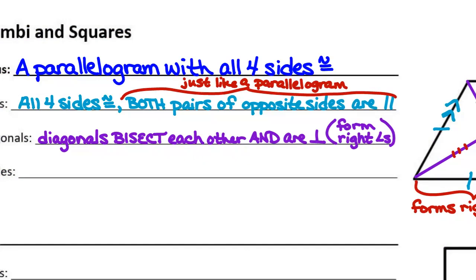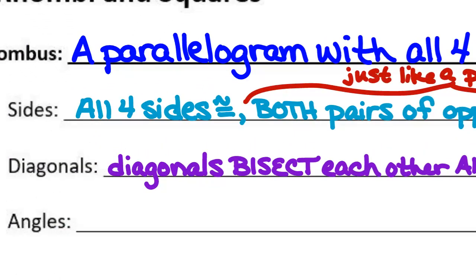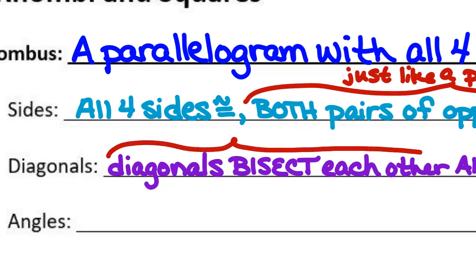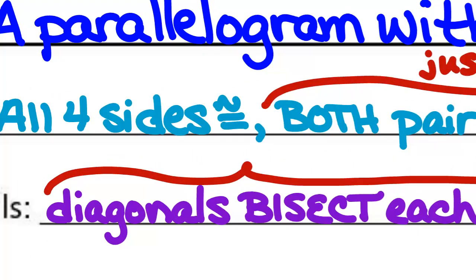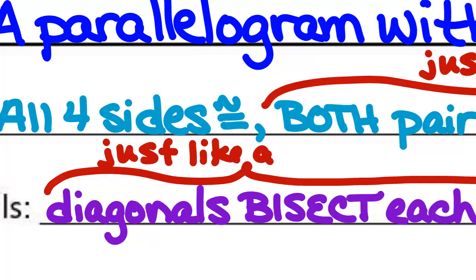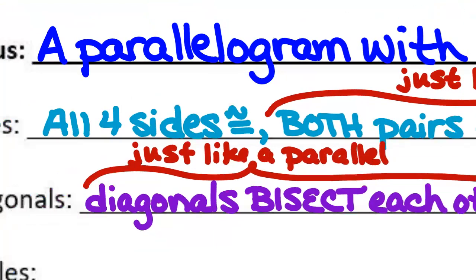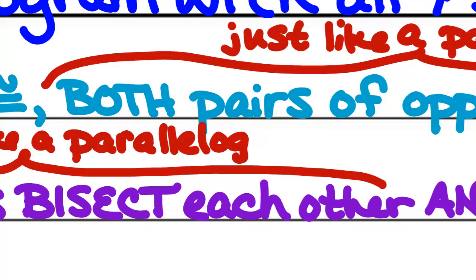So we can see all those properties of parallelograms coming out here. Both pairs of opposite sides are parallel, just like a parallelogram. Diagonals bisect each other, just like a parallelogram. And then we get into our angles.